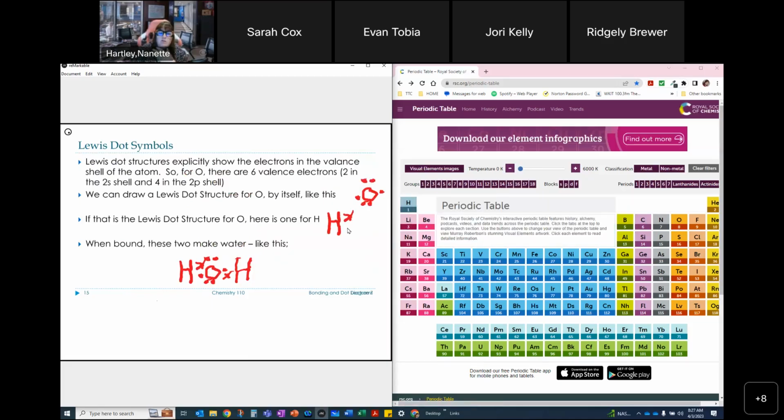And when they're bound, I end up with the oxygen making a bond with hydrogen, the oxygen making a bond with the other hydrogen, and then we get the sharing of those electrons. So hydrogen donates 1 electron, oxygen donates 1 electron. Oxygen donates 1 electron, hydrogen donates 1 electron.